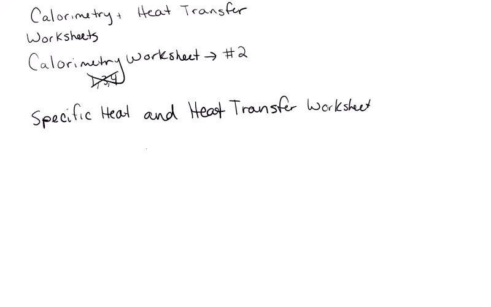You probably should have done those already with the last lecture that we did on specific heat. So for calorimetry, you're going to be looking at numbers 7, and I don't know why number 6 is just a title, but number 7 through 16 is what you're going to do. So you don't have a lot of problems here, 7 through 16, and then number 2 on that calorimetry worksheet, and that will take you to the end of this work.